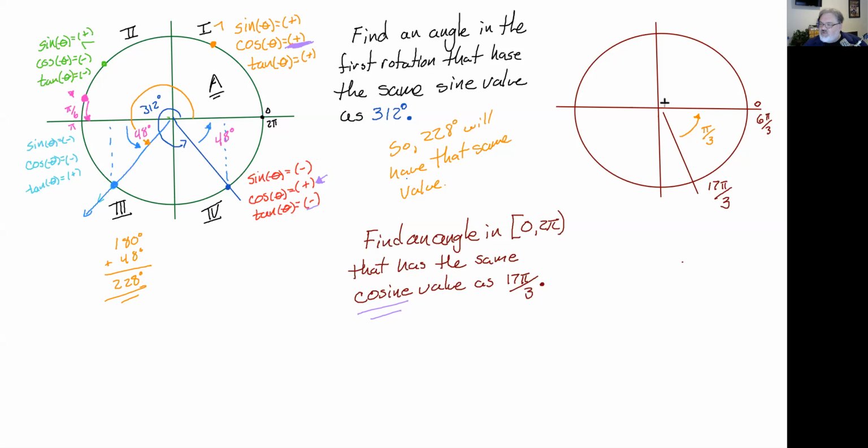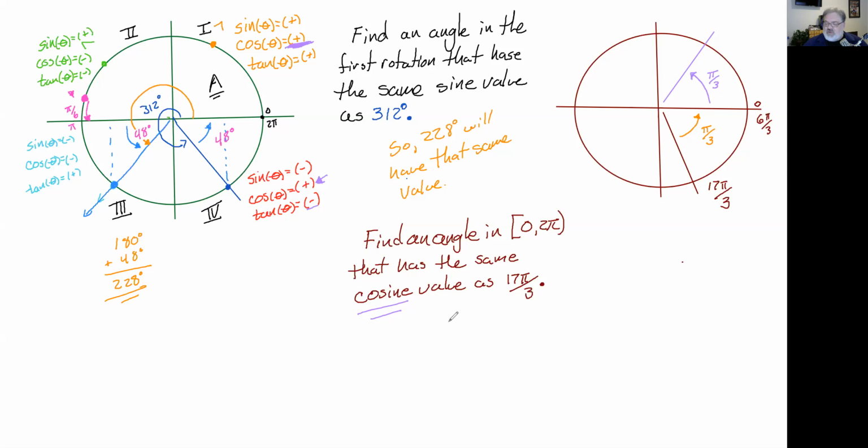So the answer we're looking for is going to be up here in quadrant 1, and it's going to have the same reference angle, pi over 3. Nice thing about being in quadrant 1, the reference angle is the angle. We don't have to do that whole figure out what the rest of it was and add it together thing.